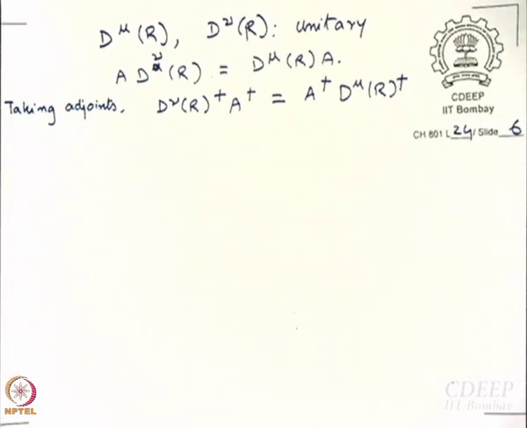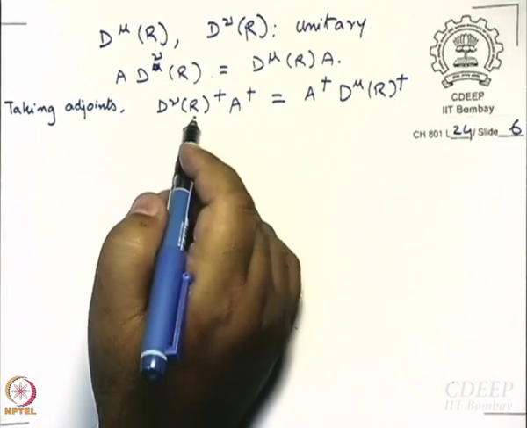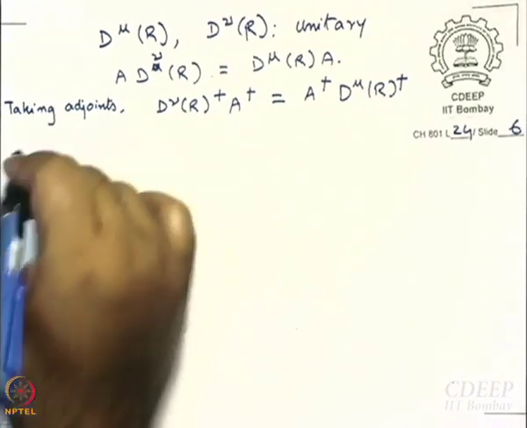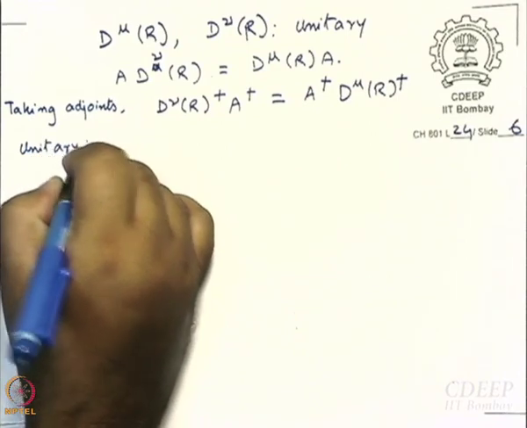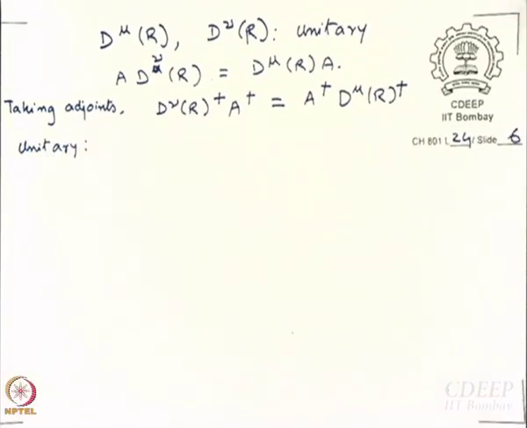Okay. Now these are all unitary matrices, right? Since these are unitary matrices, this d nu r adjoint is the inverse of d nu r, right?